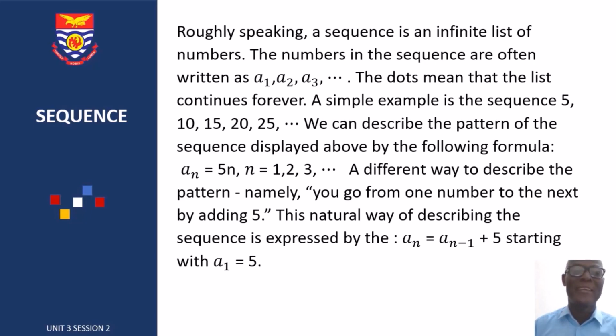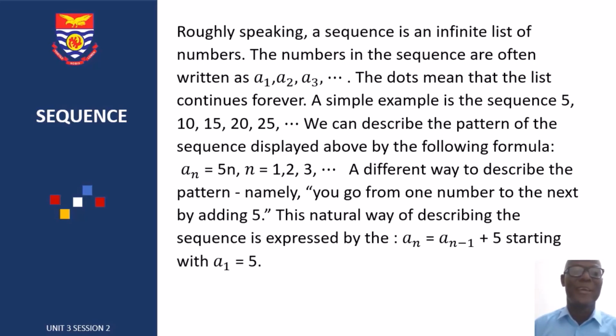If n takes 3, then a subscript 3, the third term, is equal to 5 multiplying 3, which is 15. If n takes 4, then a subscript 4, the fourth term, gives 5 multiplying 4, which is 20.